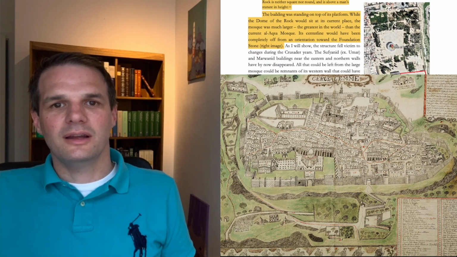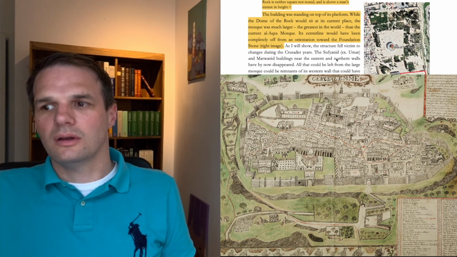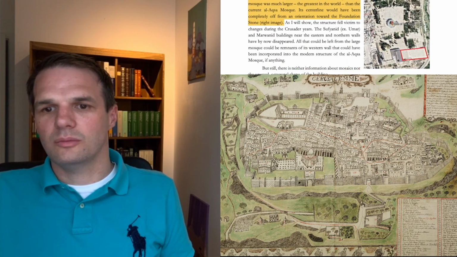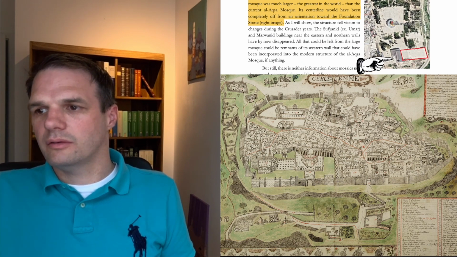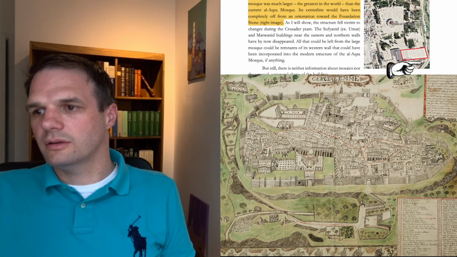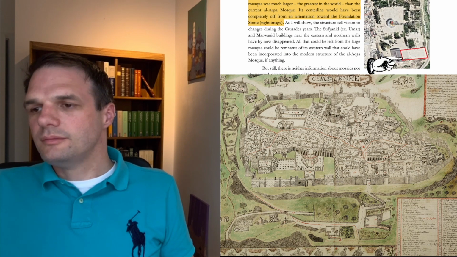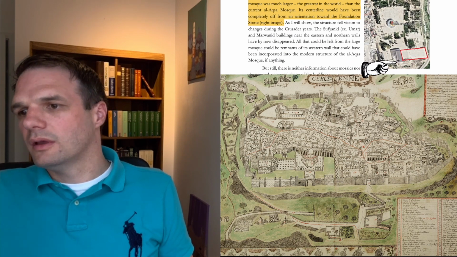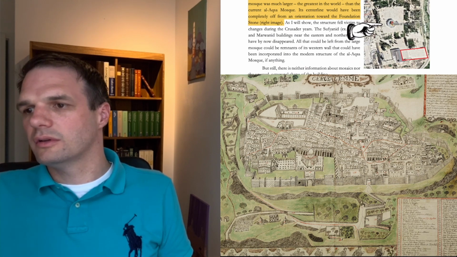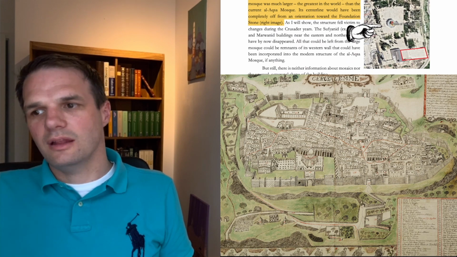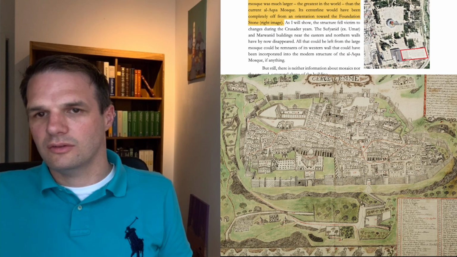Okay, its center line would have been completely off from an orientation towards the foundation stone. So yeah, that's here. So basically, he's saying, well, for one, the main building was much larger than the Al-Aqsa Mosque, and it was not aligned with the Dome of the Rock. Which, I mean, that's plausible because that's sort of what the text says, if you remember.